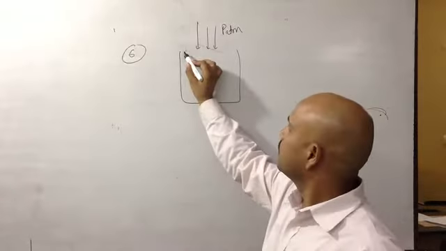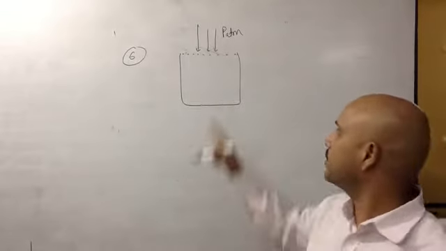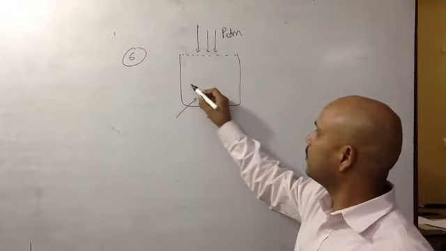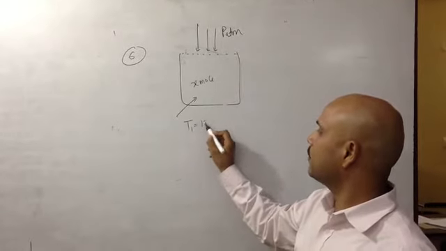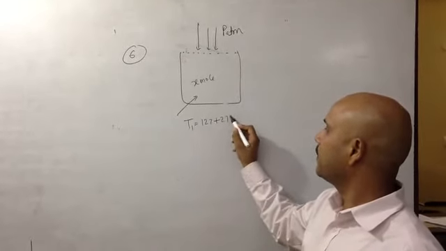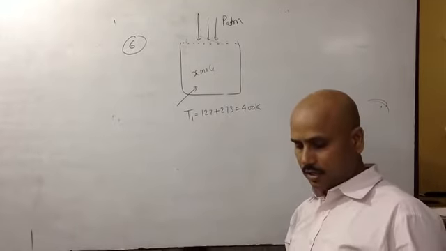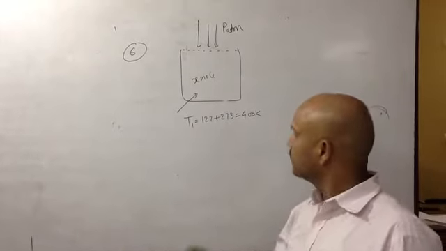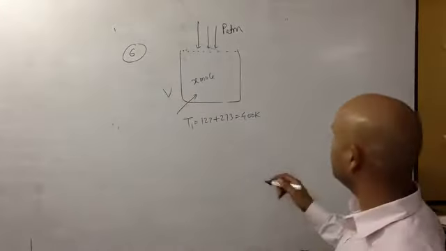And the volume of container is this, and whatever gas is present in this is number of mole. Let us say x mole is initially present. Temperature is 127 degree centigrade, which comes out to be 400 Kelvin. And volume, let us say, is V. Pressure is atmospheric.